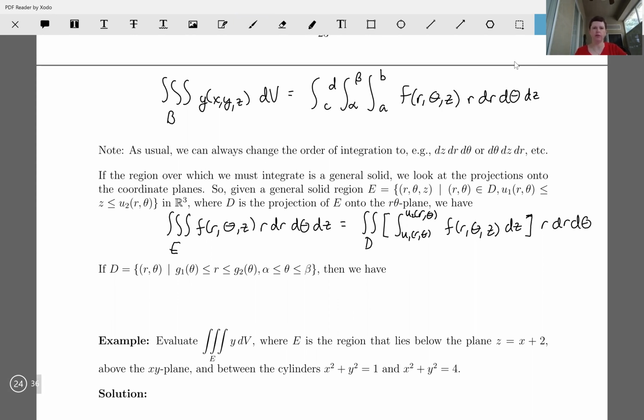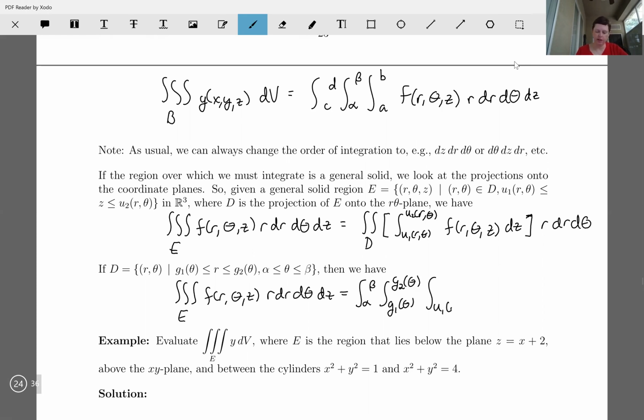For example, if r is between two functions of theta and theta is between some constants, alpha and beta, then we can write our triple integral as the integral from alpha to beta, the integral from g sub 1 of theta to g sub 2 of theta, and then the integral from u sub 1 of r, theta to u sub 2 of r, theta of our function f of r, theta, z, r dz dr d theta.